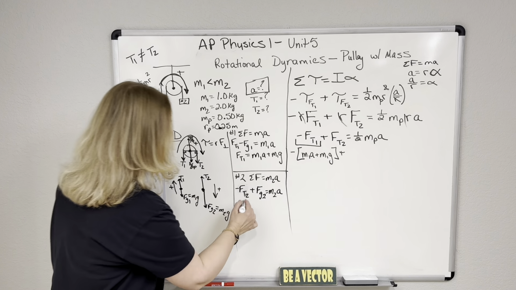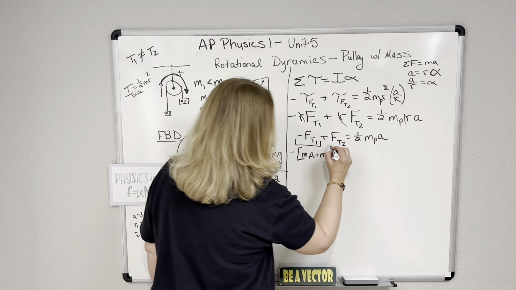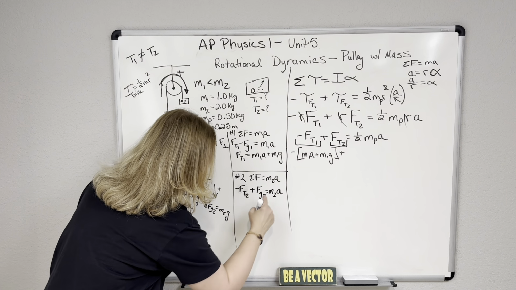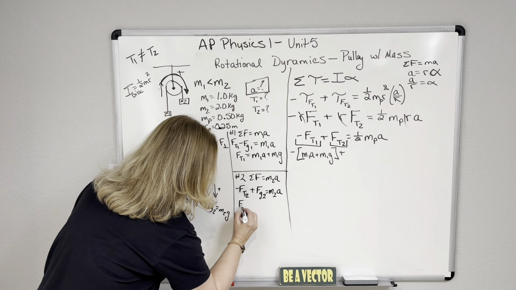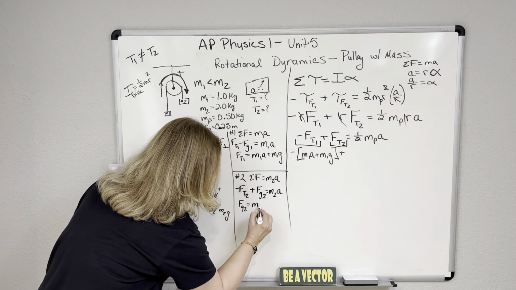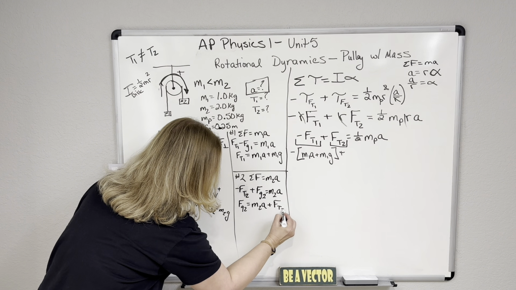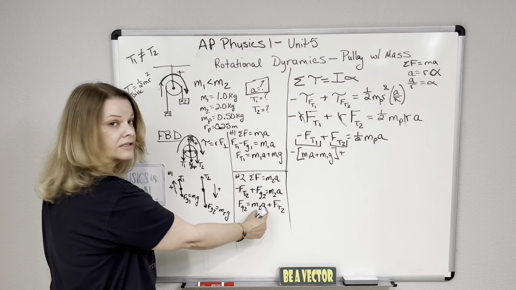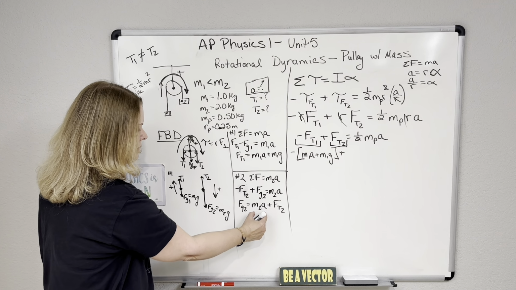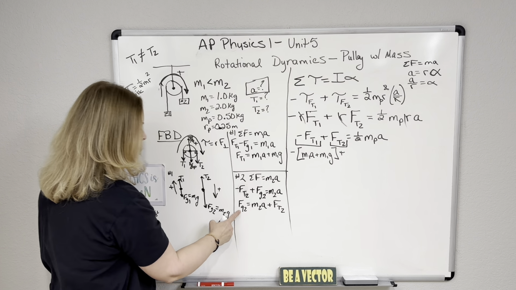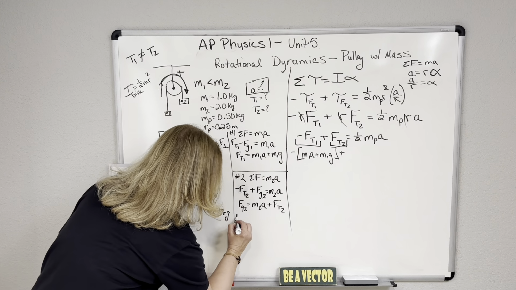Okay. All right, now I'm going to solve for this because again, now I want an expression to put in here. I'm just going to add that whole thing over because I don't like dealing with negatives. So I have M2, mass 2 times acceleration, plus that force of tension 2. I'm going to subtract this little expression from both sides, mass 2 times acceleration. And for force due to gravity of 2, we said, hey, that's M2G.